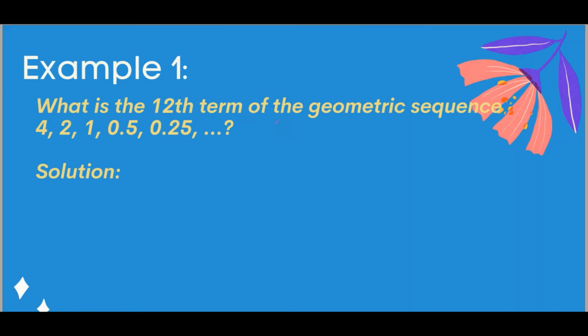Let's try to solve this example. What is the 12th term of the geometric sequence 4, 2, 1, 0.5, 0.25? Before we solve for the 12th term, let us try to find the common ratio first.